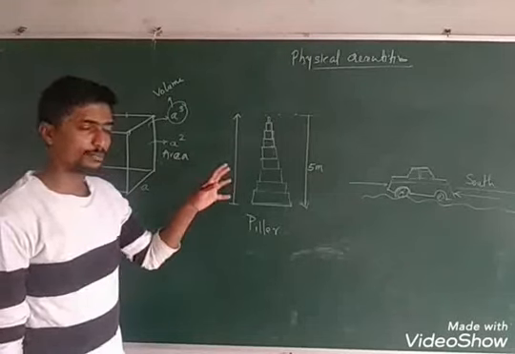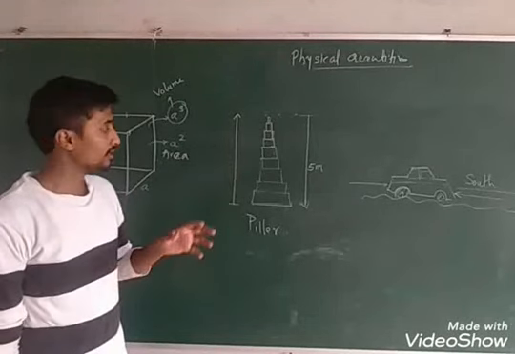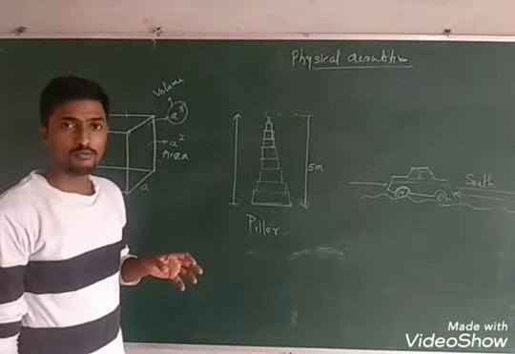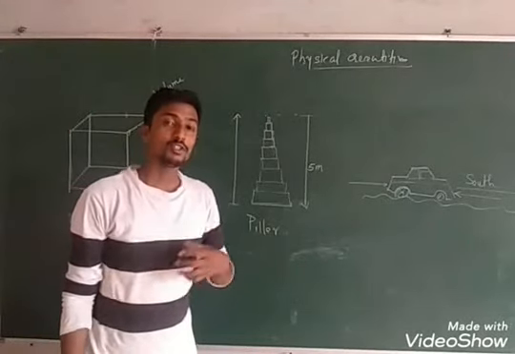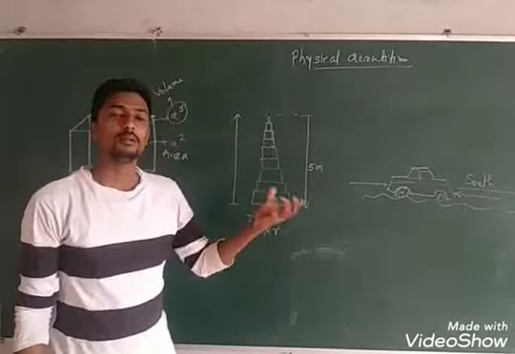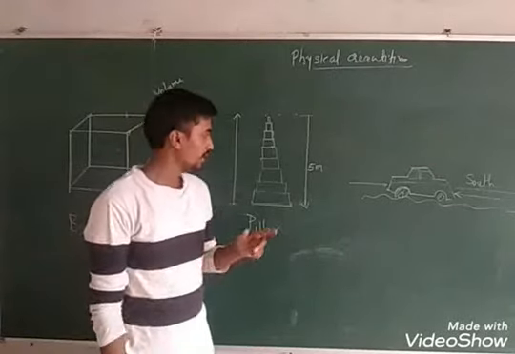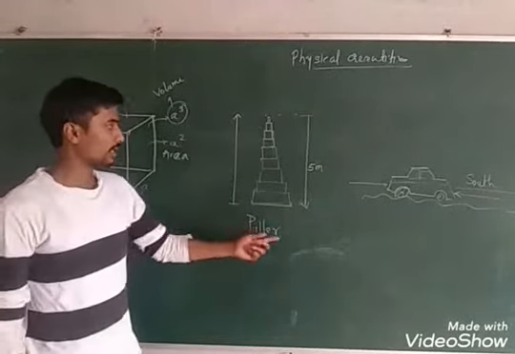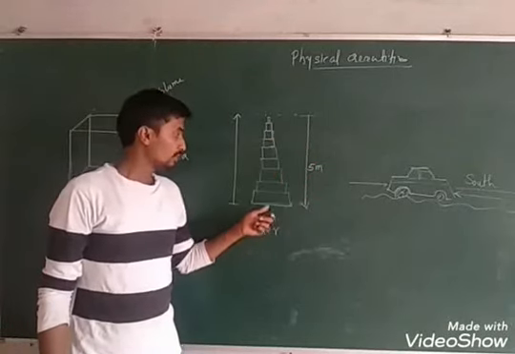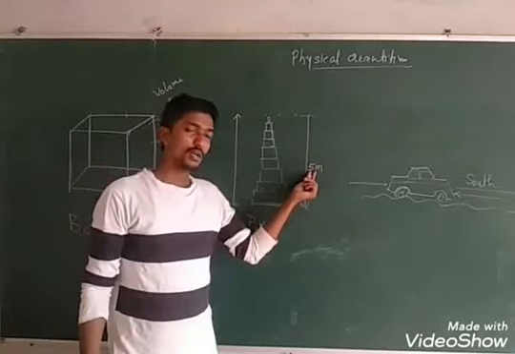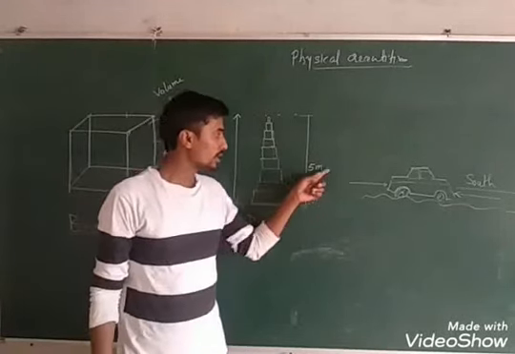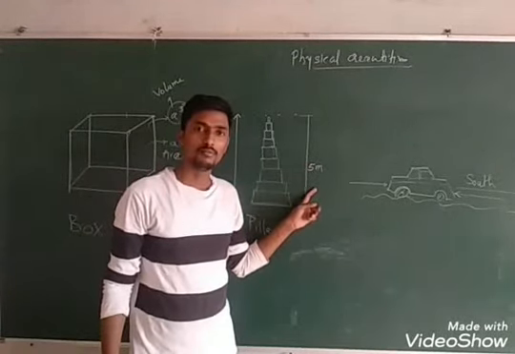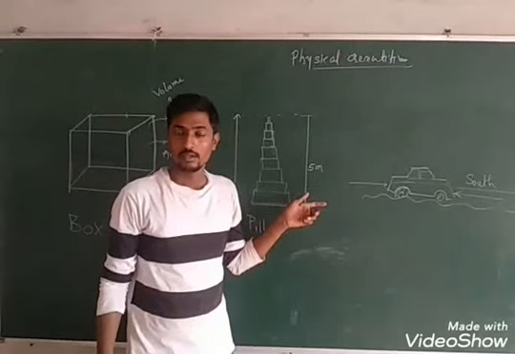You can observe that there are some properties which are independent of direction, and some properties which depend on direction. For example, what is the height of this pillar? It is about 5 meters.